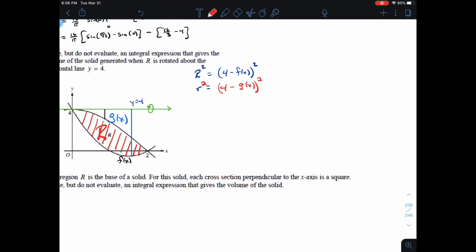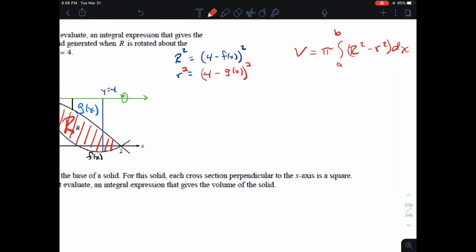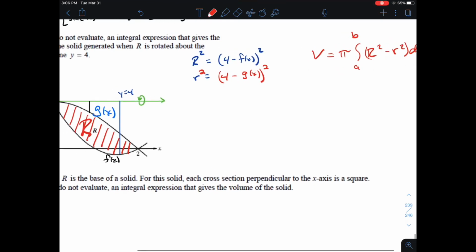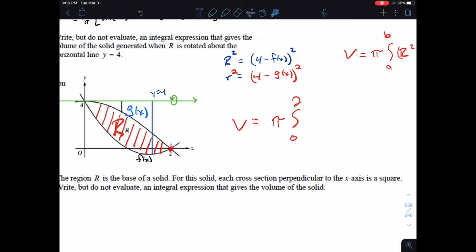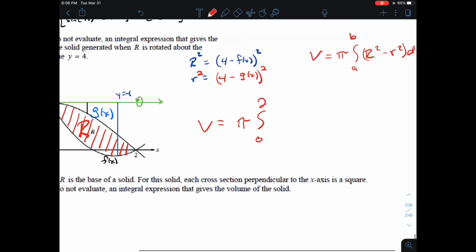And the general formula for this is the volume is going to be pi times the integral from a to b, upper and lower bounds, of big R squared minus little r squared with respect to x, sometimes with respect to y. So in this case, our volume is going to be pi times the integral from 0 to 2, because 0 and 2 are the upper and lower bounds.